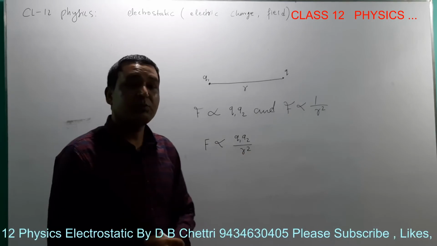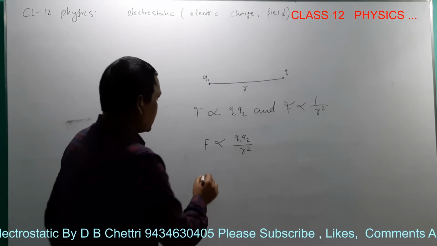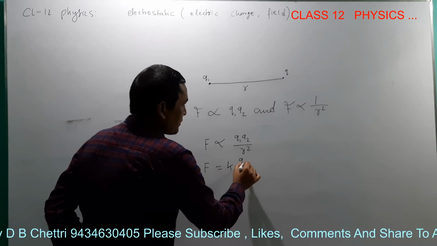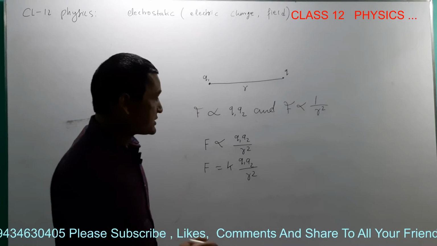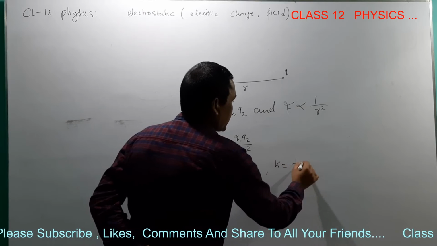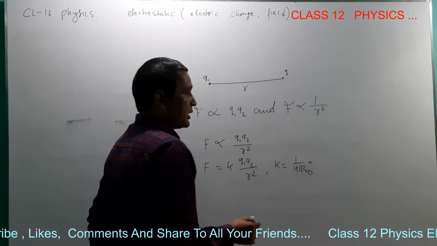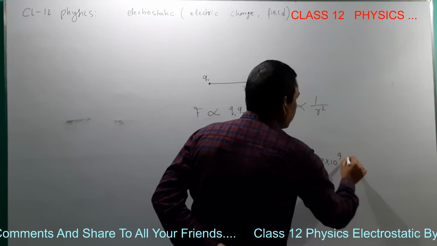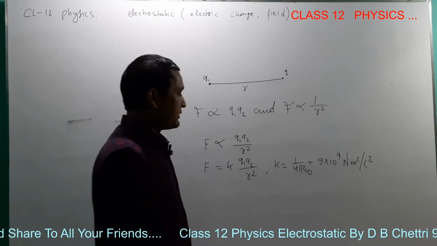To remove this proportionality, there is a constant. Then F is equal to K Q1 Q2 by r square. What is K? K is the proportionality constant, equal to 1 by 4 pi epsilon naught. The value of 1 by 4 pi epsilon naught is 9 multiplied by 10 to the power 9 Newton meter square per Coulomb square. This is the value of K.